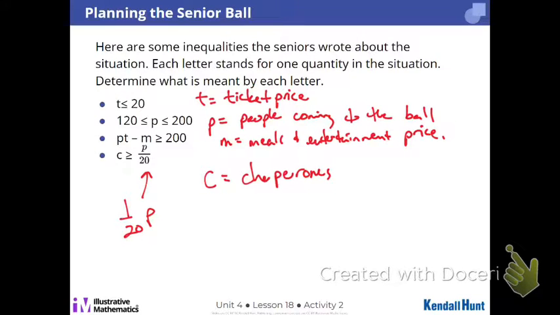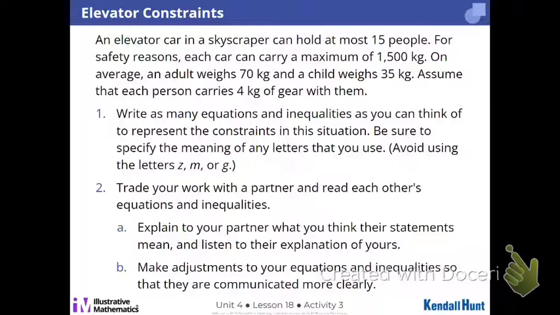Okay? Next up, we're going to talk about the skyscraper. Okay? It holds at most 15 folks. Each car can carry up to 1,500 kilos. On an average, just so you know, an adult's about 70 kilos and a kid's about 35 kilos. And we're going to assume that each person is bringing 4 kilograms of stuff with them. Maybe it's a puppy.